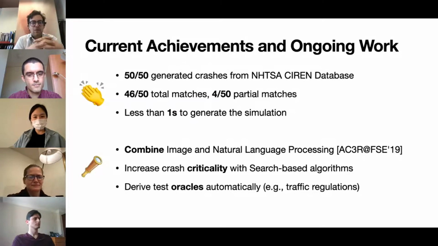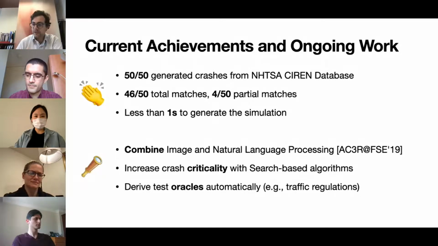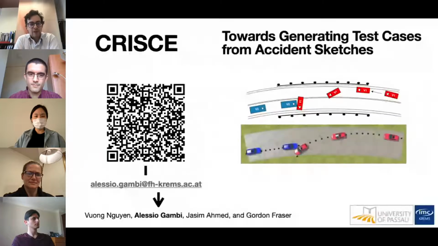Besides this, our next step would be to generate actual test cases from the scenarios, because they lack, for example, test oracles, and also try to increase the criticality when necessary using search-based algorithms. So this is all of it. Here you have my contact and a summary, and I'm ready to take your questions if you have any.